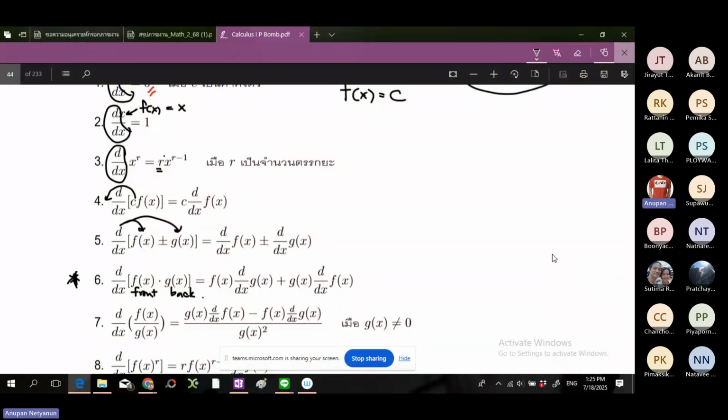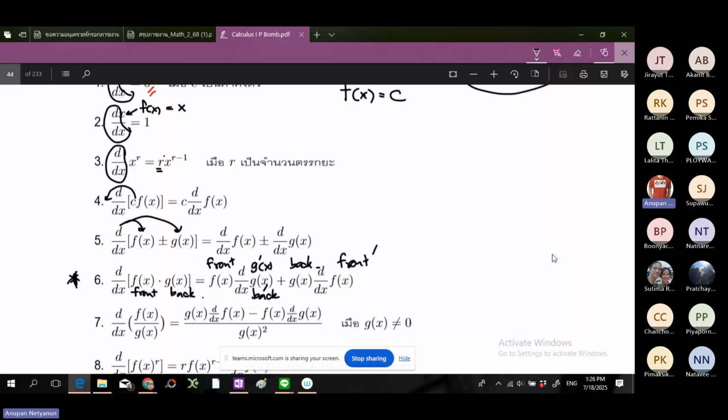So you have front, and take the derivative of the back. Same as saying this: take the derivative of the back one, and back plus back, take the derivative of the front one. So back. This is the same as back, and then you take the derivative, which is g prime of x.